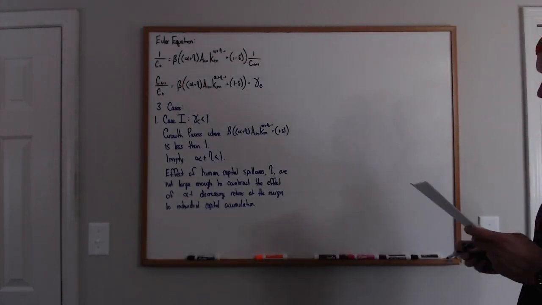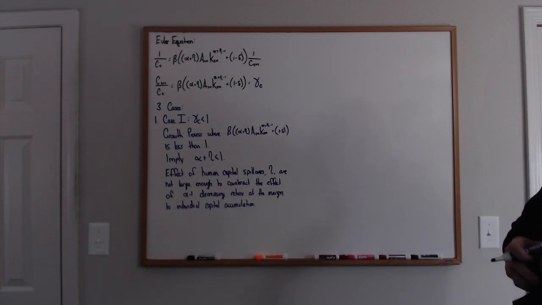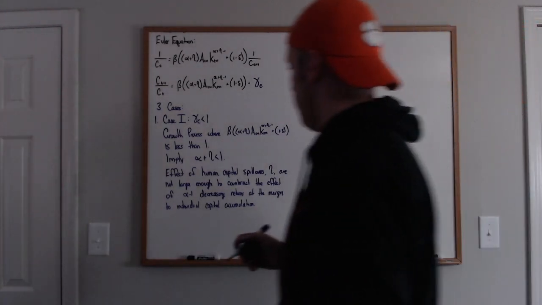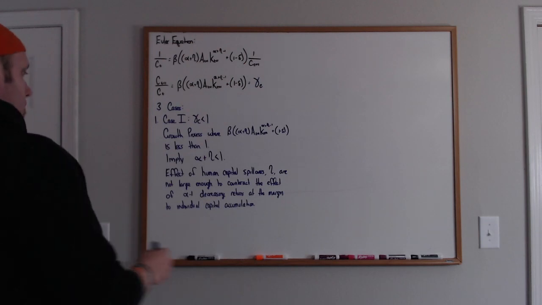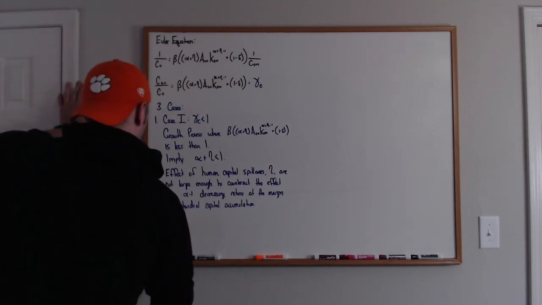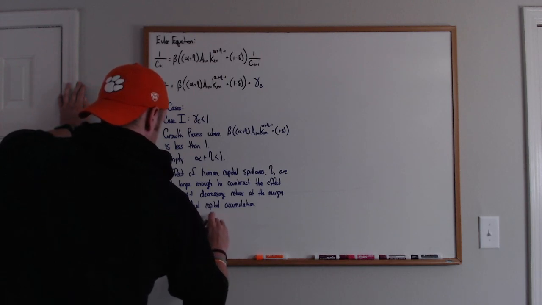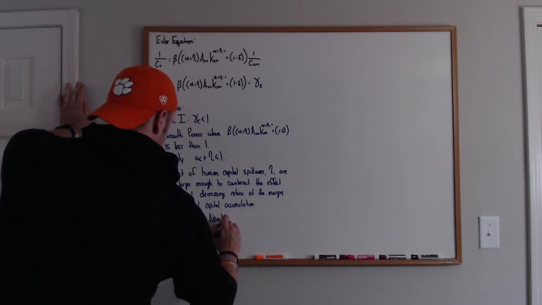What the hell does that mean? Well, what it means is that basically we end up with something similar to the Solow growth model or the neoclassical growth model. I'm going to say it ends up as neoclassical growth.